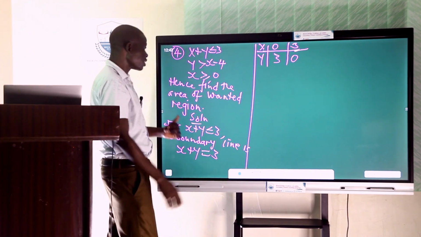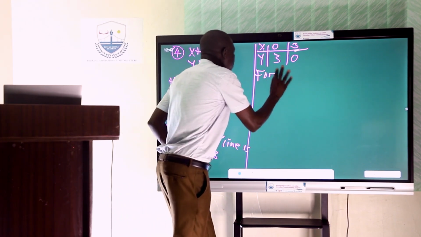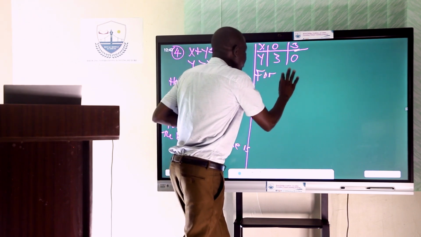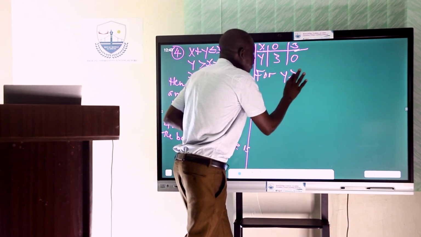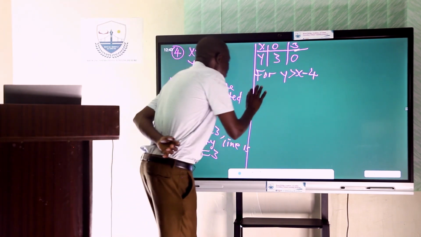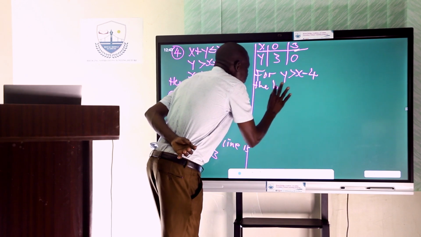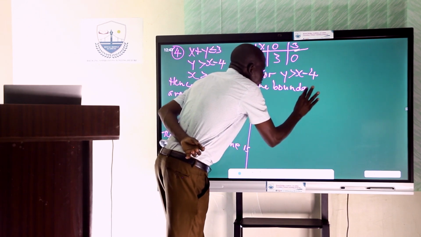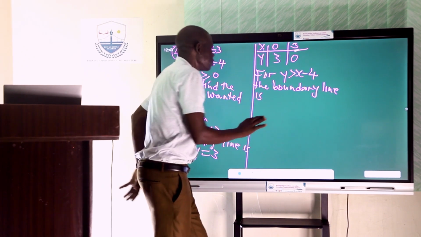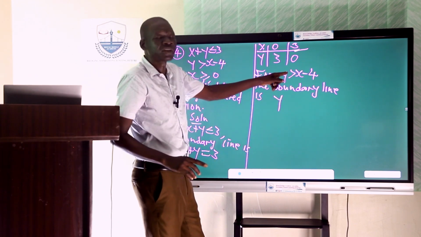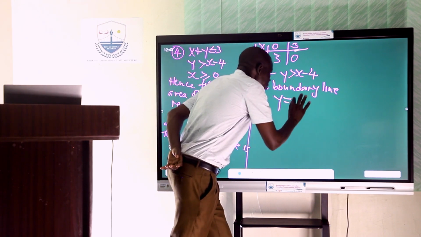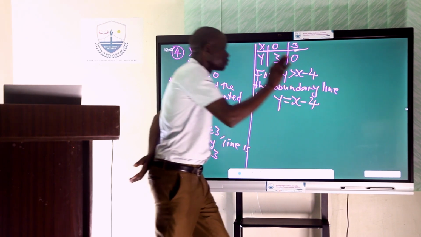Then we consider another one. For the inequality which says y is greater than x minus 4, it means the boundary line is, we replace the inequality symbol by equal sign, y is equal to x minus 4.